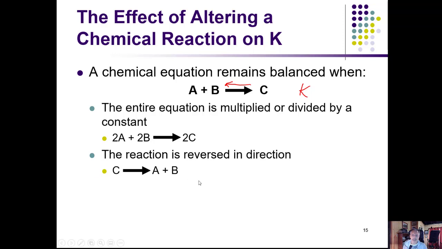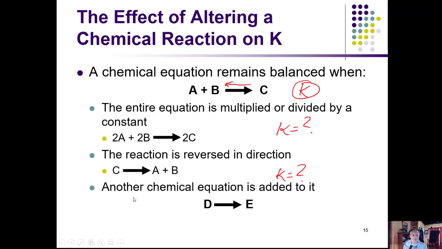What happens to the K value? We'll have a new K value here and a new K value here. And if we know the original K and we can track what we do to the reaction, we can compute those new K values without doing a whole lot of work.